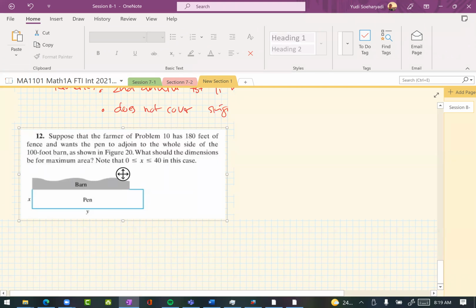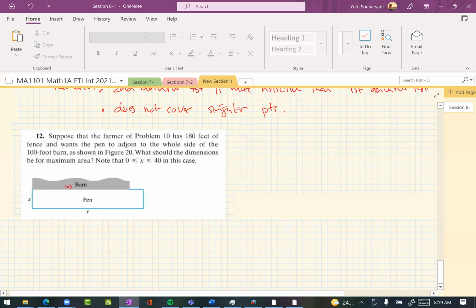Right, so this is the problem that you have 180 feet of fence. So this is the fence. And you want the pen to adjoin the whole side of the 100-foot barn. This is the barn, and this one is 100.